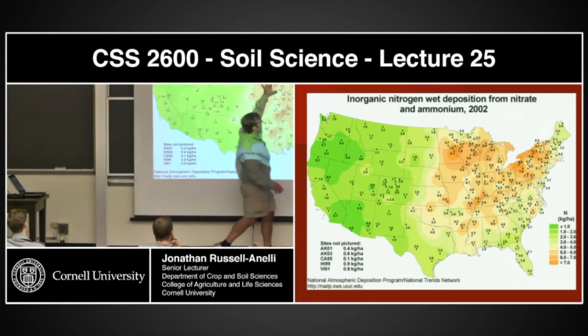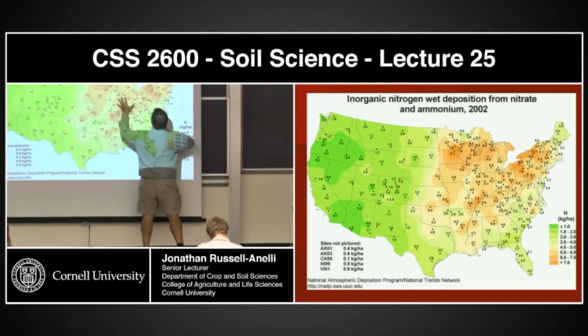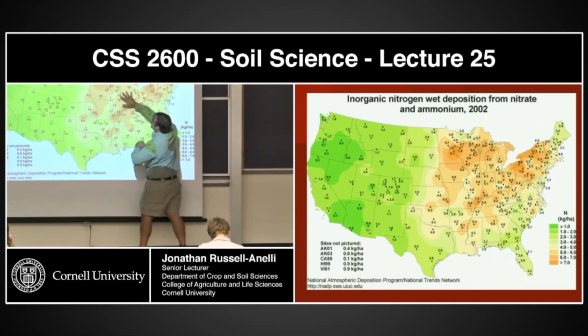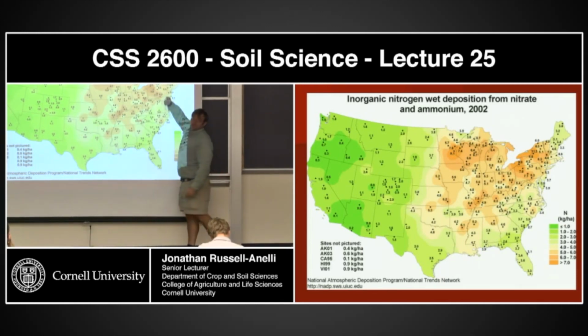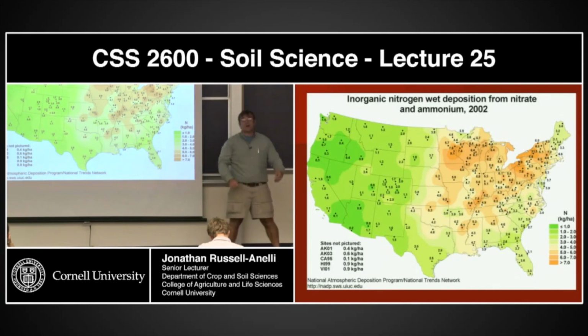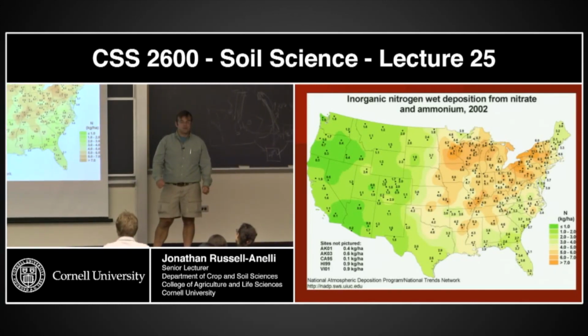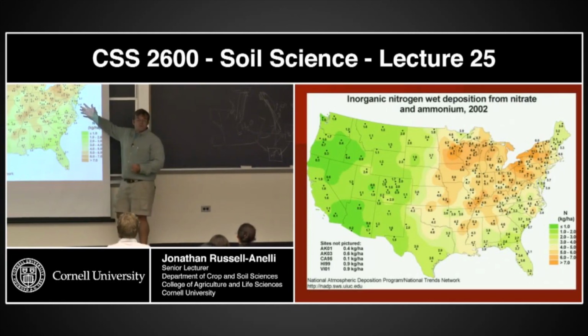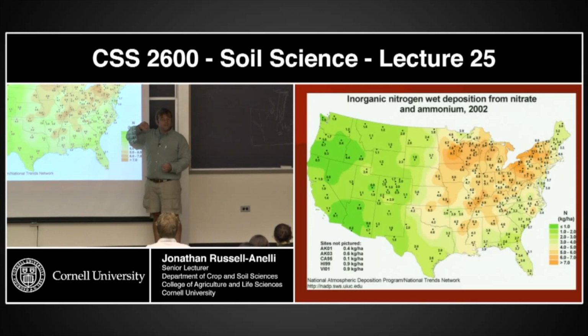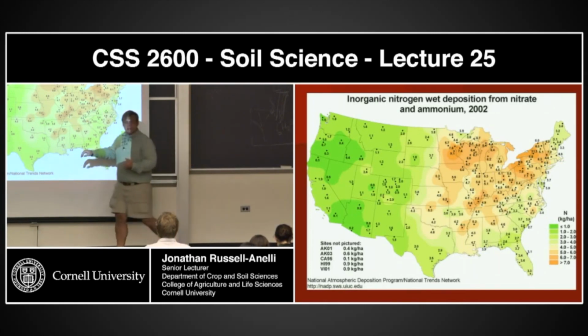Basically, we're looking at the Ohio Valley and the power plants that are sitting up in here, the wind pushing things this way, and we're seeing the downwind response of that nitrogen hitting the ground. Yes, we're acidifying, but we're also nitrifying. We're fertilizing and acidifying at the same time. We're fertilizing the world. But this is a good example of that pattern. Okay? And we control this. Okay? Questions?